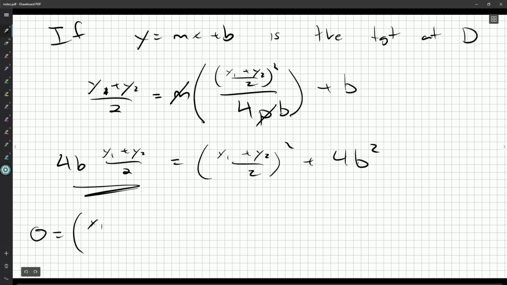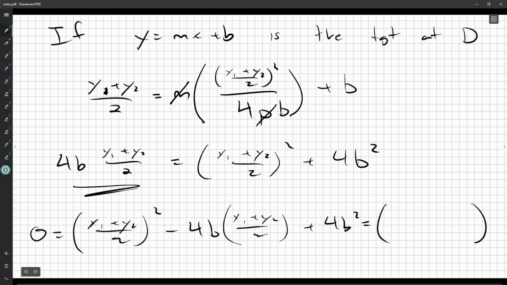We've got 0 is ((y1 plus y2) over 2) squared minus 4b times (y1 plus y2) over 2 plus 4b squared, and that is a perfect square. That's (y1 plus y2) over 2 minus 2b. And this lets me figure out what b should be.